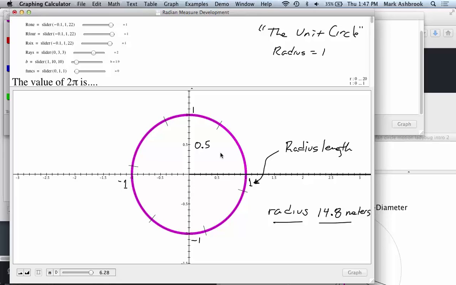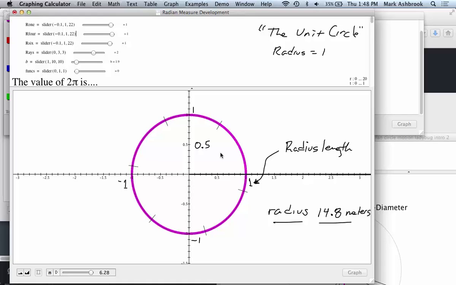Whether it's 0.7 centimeters in radius, 1,000 miles in radius, 100 light years in radius, the 1 would mean however long 1 radius length. And 0.5 would mean half of the radius. And 0.9 would be 9/10 of the radius.